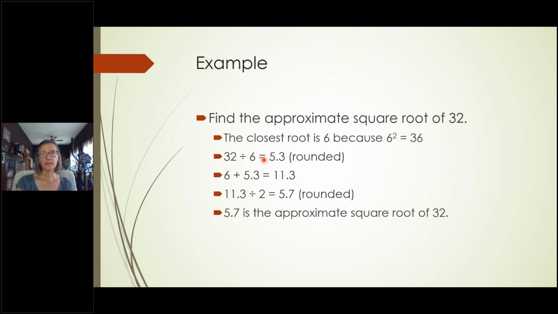Then you need to take the average of 6 and 5.3. So 6 plus 5.3 equals 11.3. And to take the average, you say 11.3 divided by 2 is 5.7. Again, it's rounded off. So 5.7 is the approximate square root of 32.